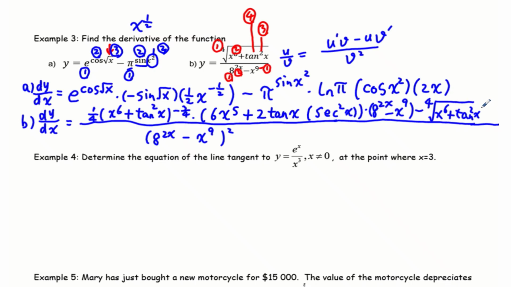So the v prime is a little bit long, so I will write here, no space. So 8 to the 2x, ln 8, then times 2, then minus 9x to the 8. So this is a whole thing here. And you don't have to simplify it, we just double check it.